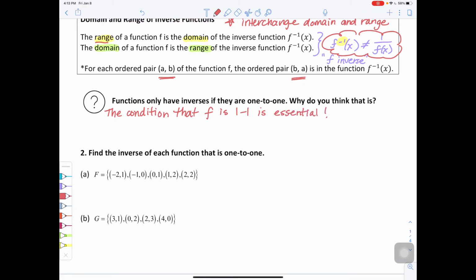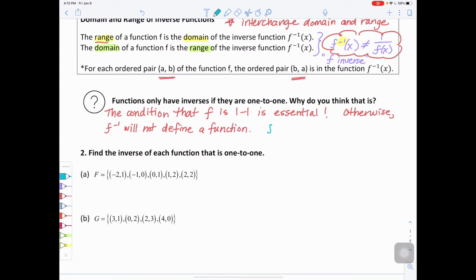The reason is, otherwise, f inverse will not define a function. And let me show you.